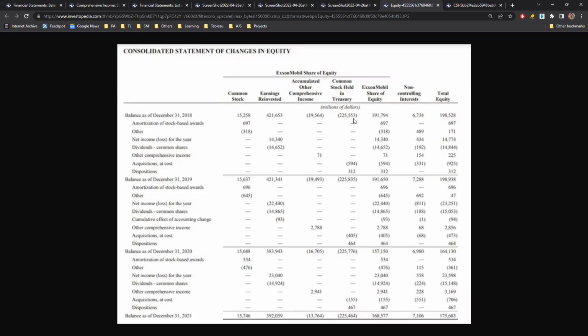So we can see here that as of 2018 end, they have purchased about $225 billion of stake back into the company from the market, and in this particular year, it will always be a negative component, because that is the cash going outside from the company into the market, to the shareholders, right?